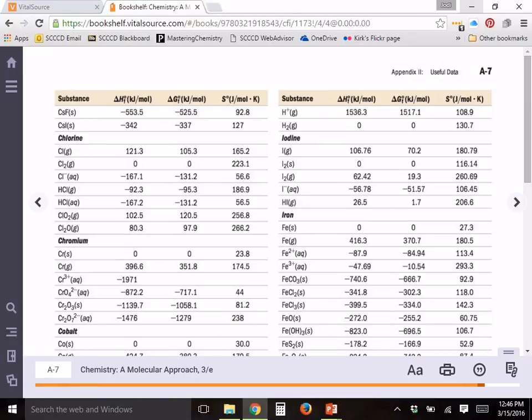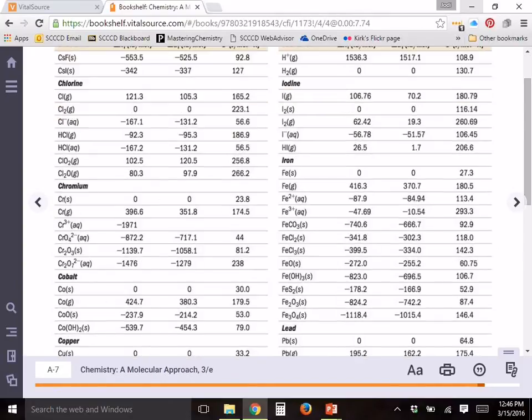Delta G and S, you'll learn about in the second semester. So for Fe2O3, it's minus 824.2. And the other compound that's in that example is aluminum.